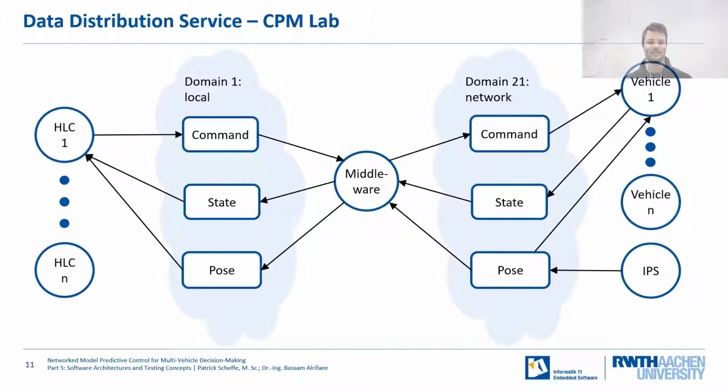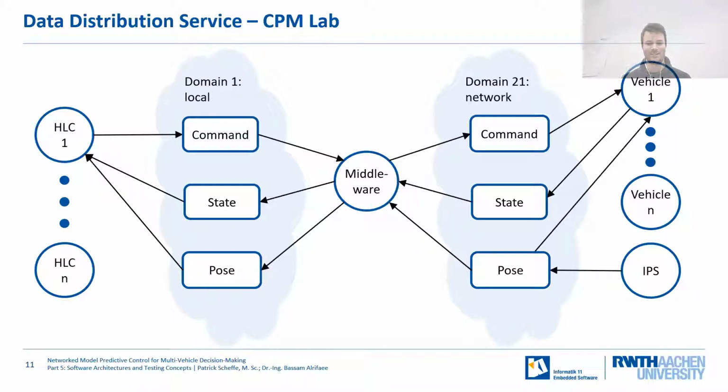And we have the state, which also encompasses the vehicle pose, as it is estimated from the vehicles themselves, but there is other information such as the vehicle speed or acceleration from the IMU data. And then from the other side, we have the commands that are sent from the high-level controllers to the vehicles.